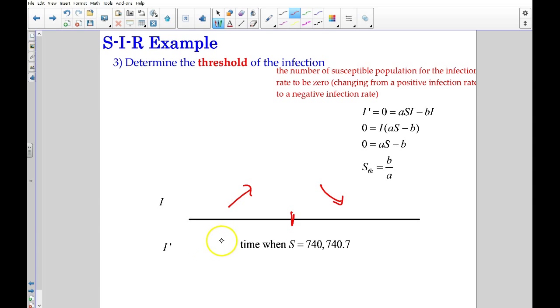So again, I prime would be positive here, and this would be like day 8 or 9, somewhere between those two. We don't know the exact day, but after this we should see I prime being negative. Okay.